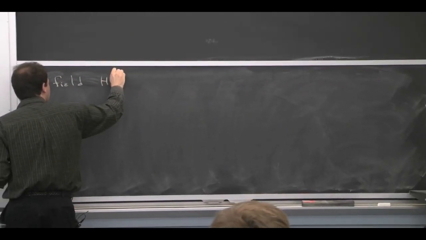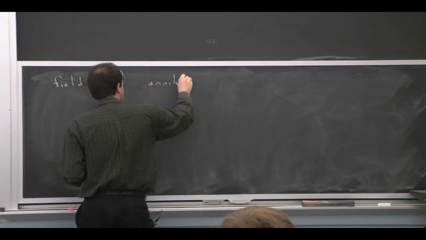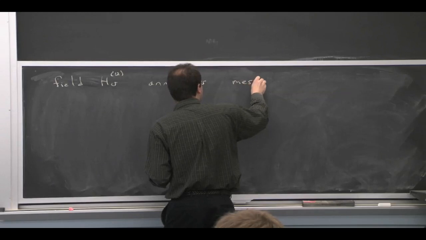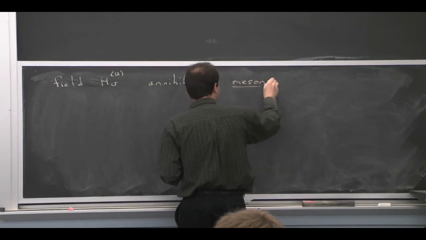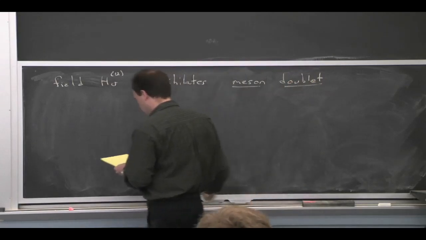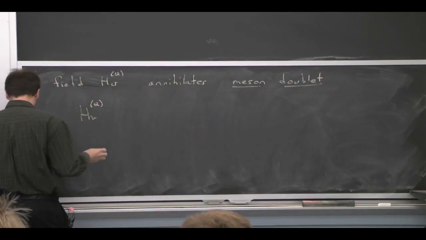So rather than try to make this a kind of derivation, I'm just going to tell you the answer, and then we'll talk about its properties. I'm going to write down a field that annihilates the meson doublet for the ground state mesons. Q is the heavy quark flavor.